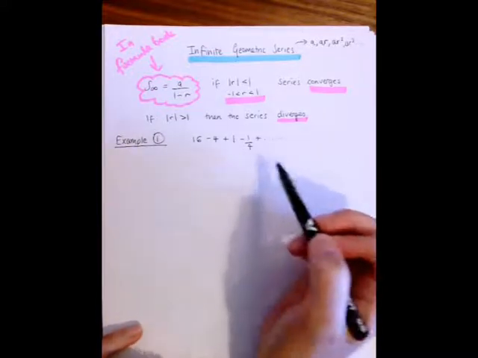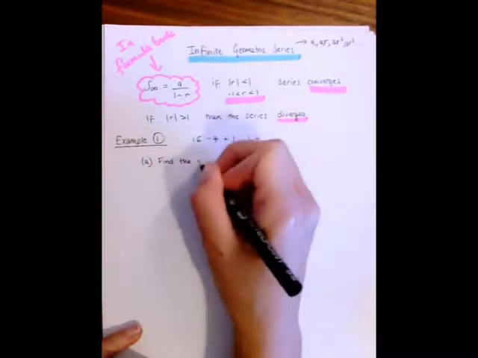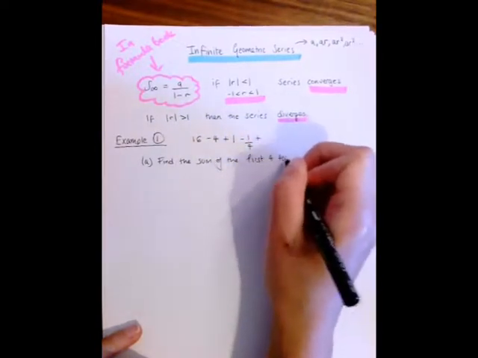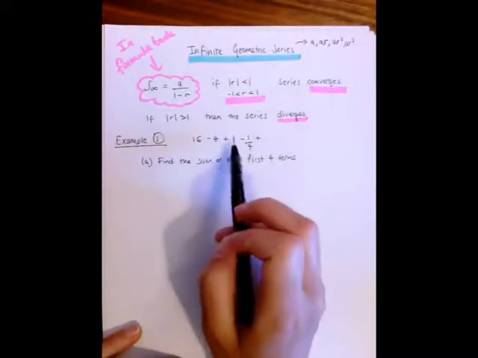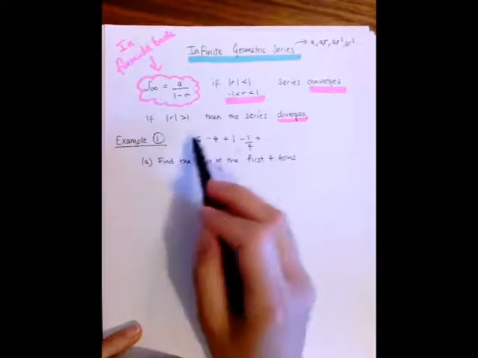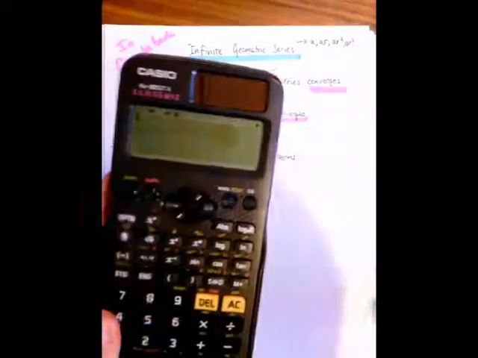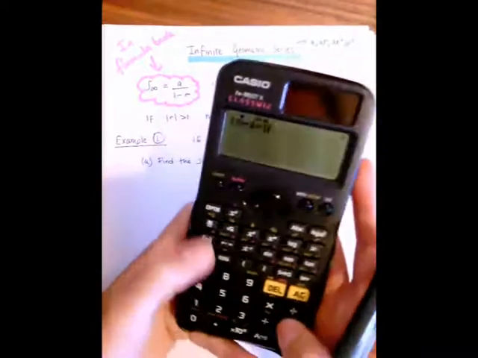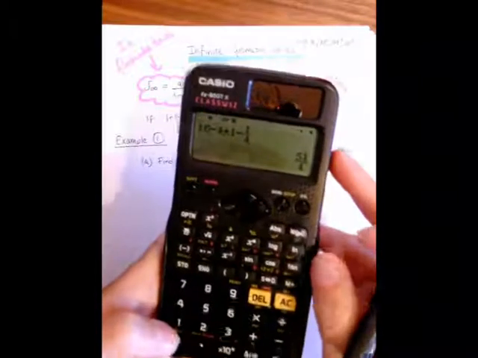The first question would be: find the sum of the first 4 terms. Well, we've already got the first 4 terms here, so we could just calculate this. I typed them in, so 16 take away 4, add 1, take away 1/4, and I get 51/4, which is the same as 12.75.